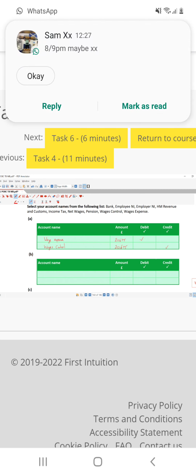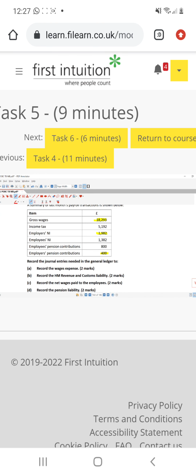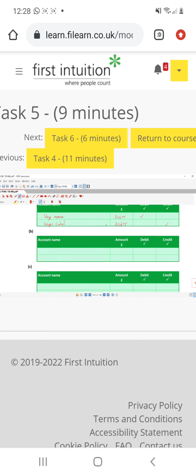So great. For the second one, part B, they wanted the HMRC liability. What we must remember here is that this is not just made up of the employer's NI and the employee's NI. The other item also going to HMRC is the income tax of 5192. If we add those three up, we get a total of 8556.